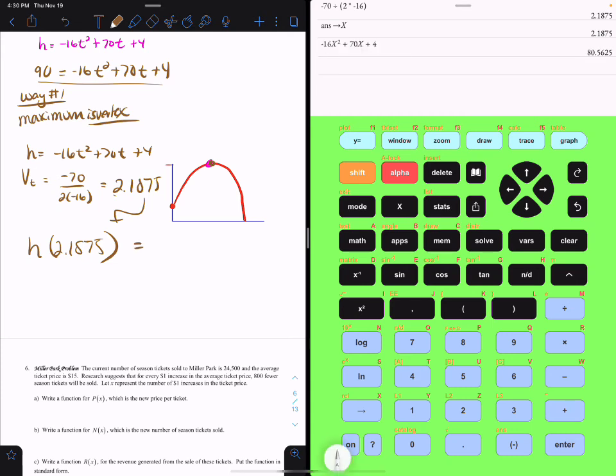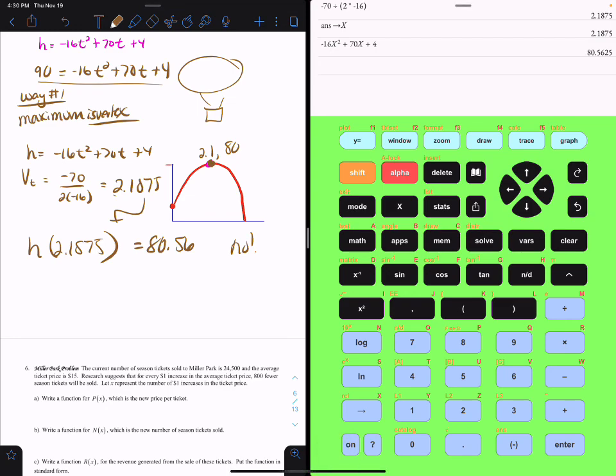That tells me the height at that point is 80.56. So that means the maximum height of the ball, which takes about 2.1 seconds, is only 80 feet. The hot air balloon is up here at 90, so that means no, it will not intersect.